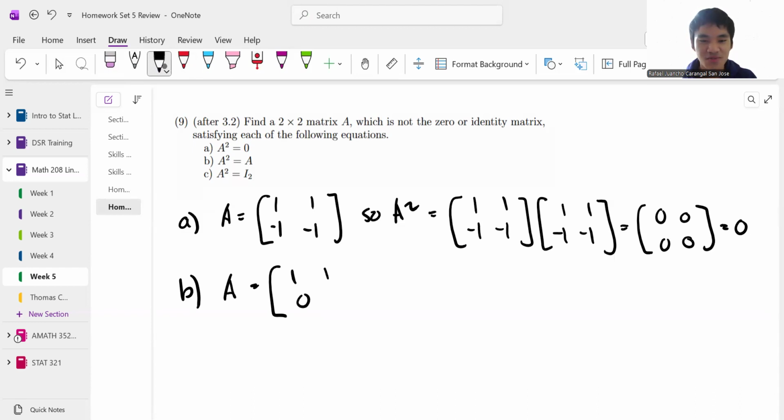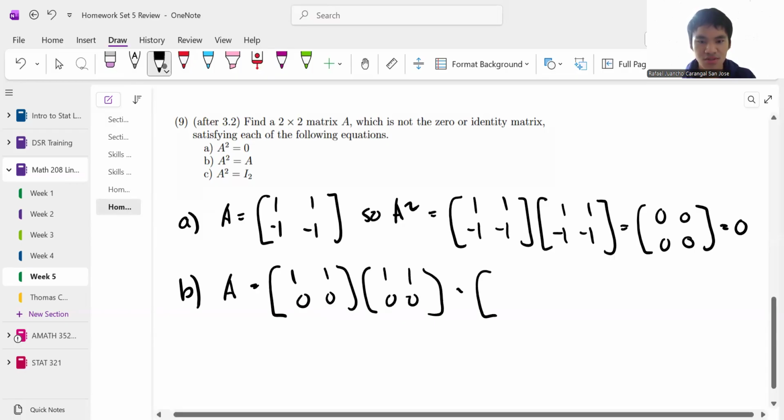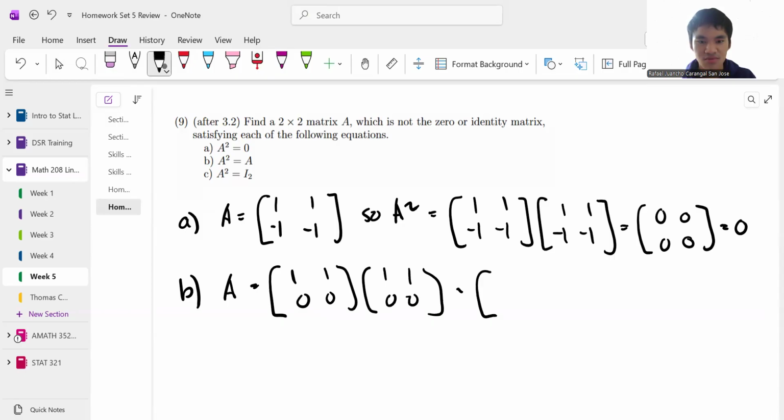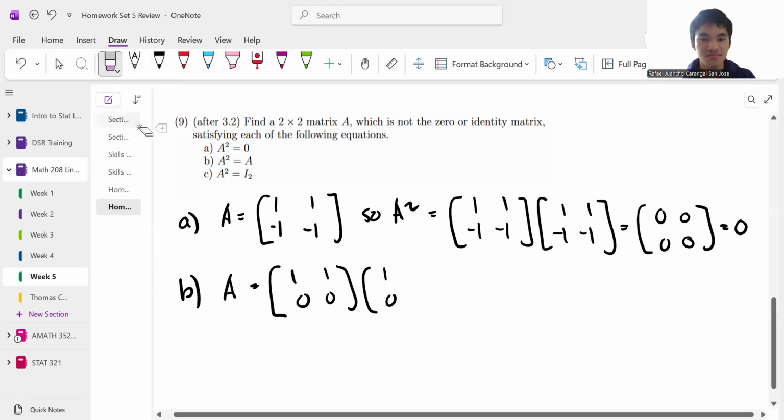How do we do 1, 1, 0, 0? Let's see. 1 times 1 is 1, plus 0 is 1. All of these are zeros. All of these are zeros as well. Oh, and there we have it. So A would be that.